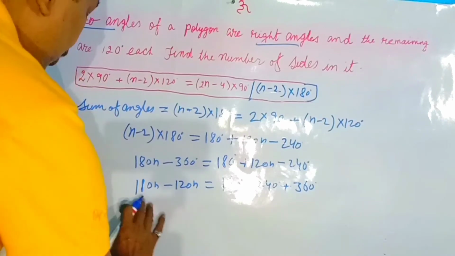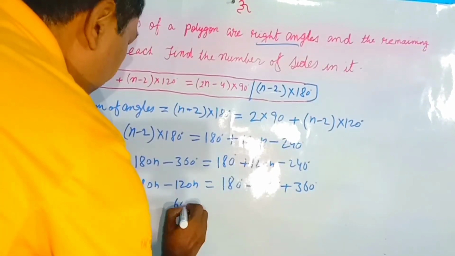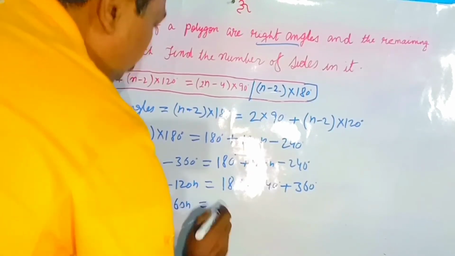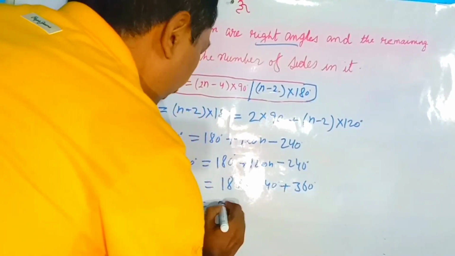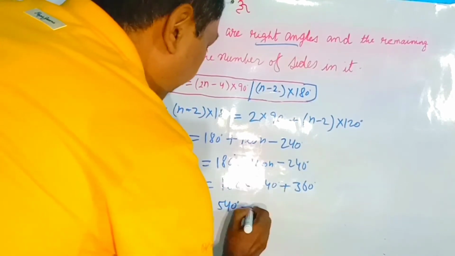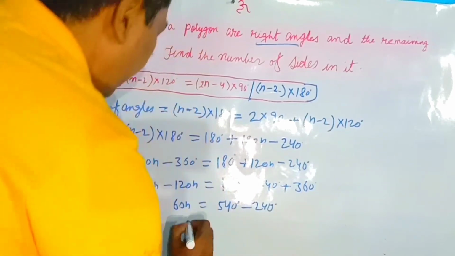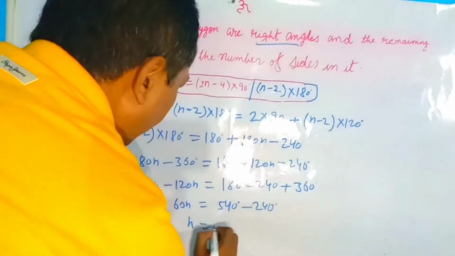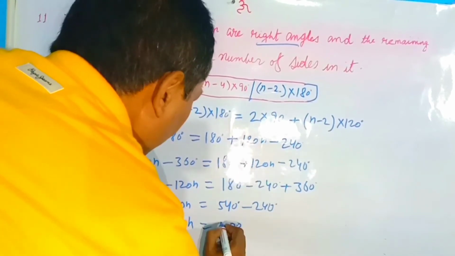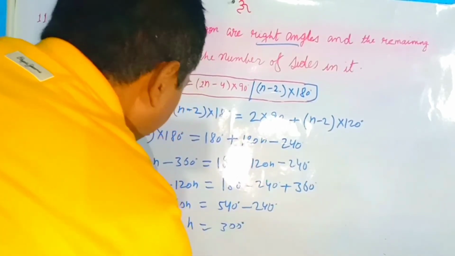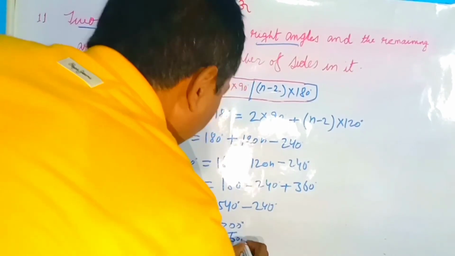Now we will subtract: 180 minus 120 gives 60n, equal to 180 plus 360, that will be 540 degrees, and minus 240 degrees. Then n equals 300 degrees over 60.